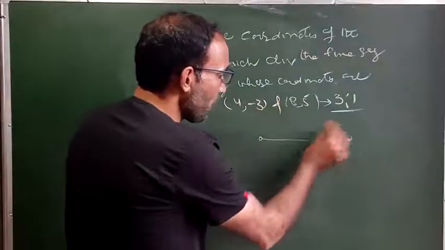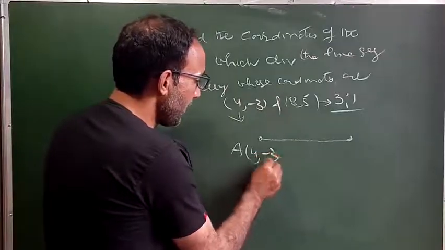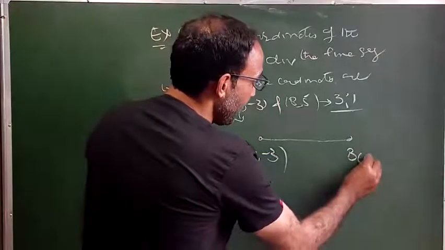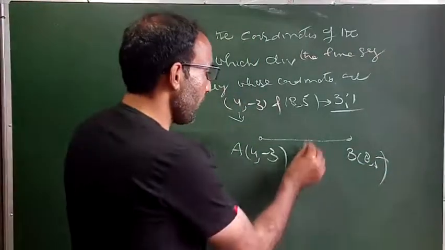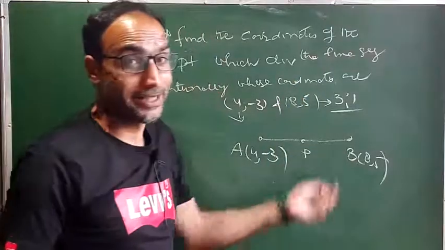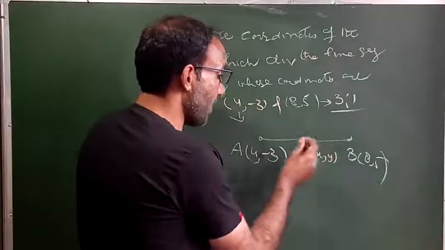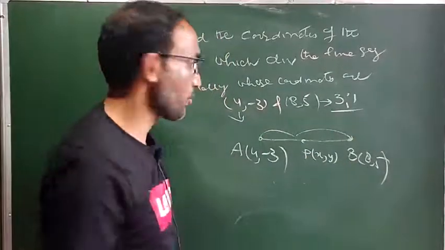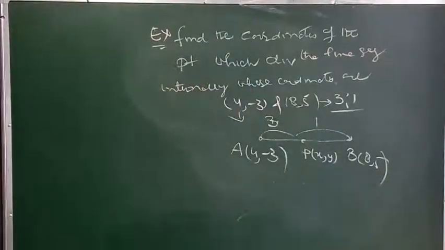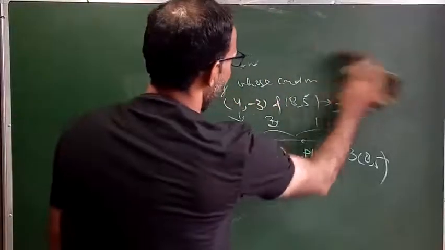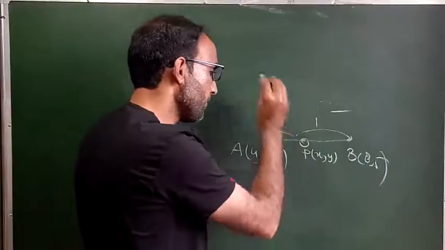First we will draw a figure. We name this point A and this point B, that is 8 comma 5, and this is the required point, that is, the point of division. Let its coordinates be x, y, and we have been given the ratio 3:1. Now the question is, how will we determine the coordinates of the point of division?